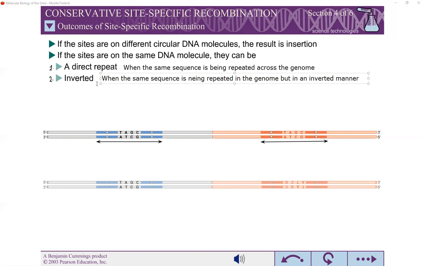Then it is referred to as an inverted repetition. This repetition is inverted by an angle of 180 degrees. So I can just rotate this out, and repeat it, so this has been inverted by 180 degrees. So this is referred to as the inverted repeat DNA sequences formed as a result of site specific recombination.